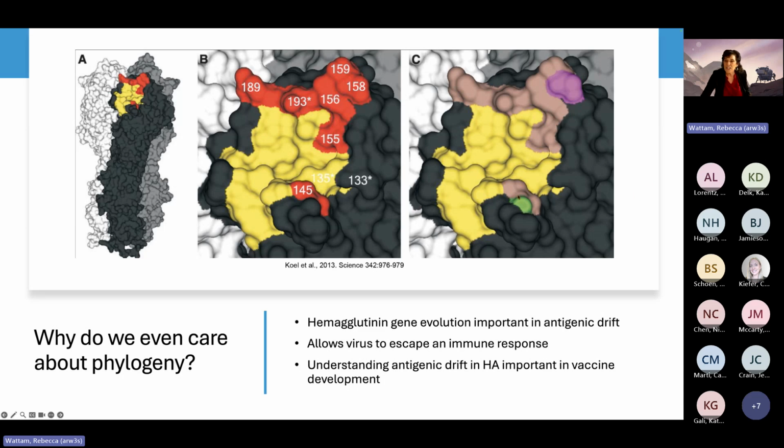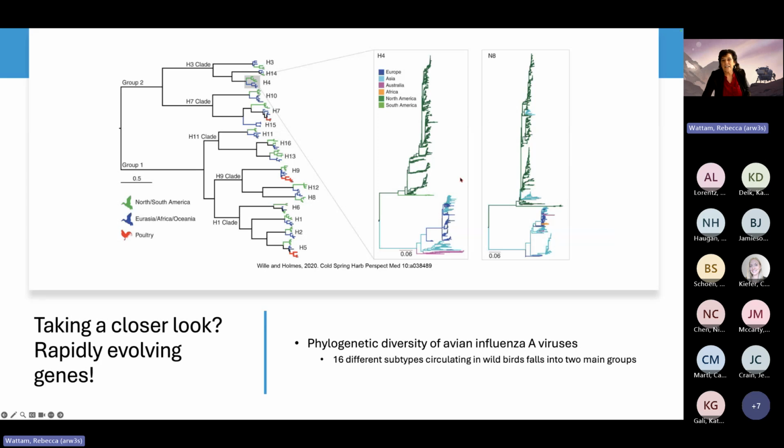When it starts making changes here, that's the reason why we need a different flu shot every year or every few years, because this organism is trying to live, if you consider viruses to be living, and it wants to continue making more of itself. And so it's making these changes here that will allow it to escape an immune response, and that's called antigenic drift. And that's very important in vaccine development, and it's also generating a lot of these different changes in this gene.